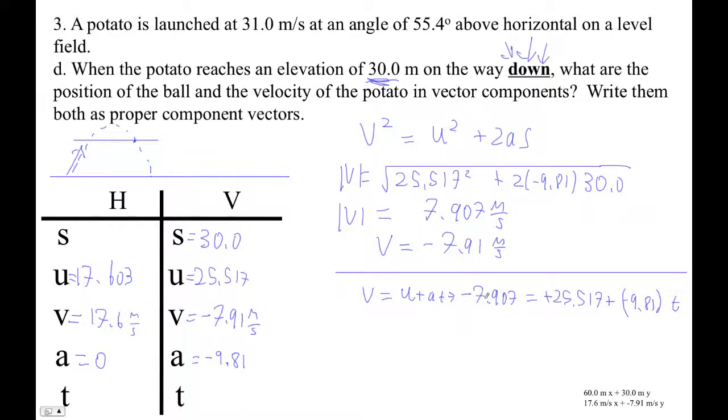Now mathematically, we'll put this guy on this side. Last time, in the part before this, this was positive because it was on the way up, and that was a smaller number. Now it's going to be a bigger number because it's a negative plus a negative, and we'll get a longer time. Okay, so let's go. I'm using values stored in my calculator, so if you get a slightly different value, that's okay.